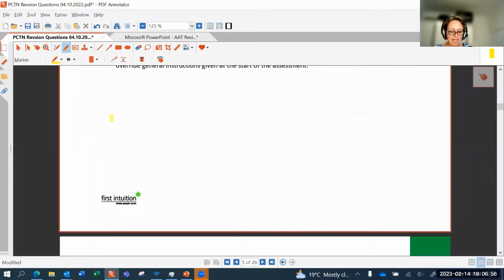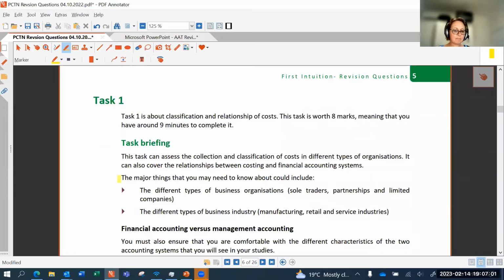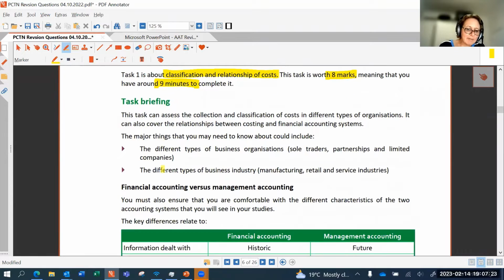Now, anybody who is not a student of First Intuition, you might be interested to see here in our revision question pack, or our mock bank, for each task we tell you firstly what it's about. This one is about the classification and relationship of costs. We tell you how many marks it's worth, this one is worth 8, and how long you've got to complete it in the assessment. But not only that, if you're a little bit rusty on the area of classification and relationship of costs, don't worry, because here's a task briefing.